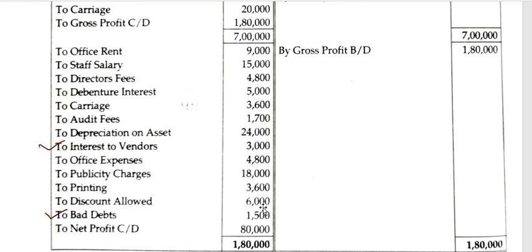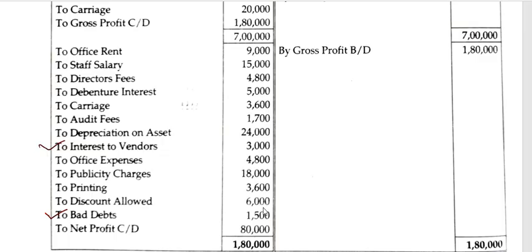Now next, first of all we need to know on what basis particulars like office rent are to be allocated. In the last lecture I showed you the list of the bases of allocation. On the basis of time ratio, some expenses are fixed expenses, and these fixed expenses are allocated on the basis of time ratio.